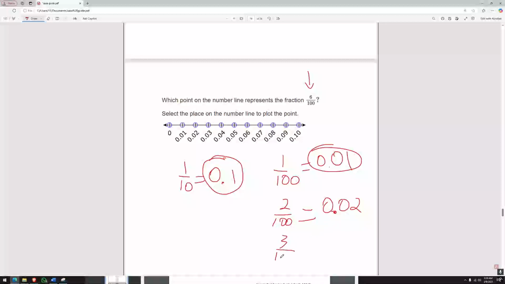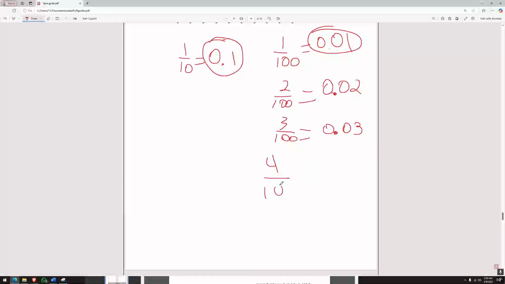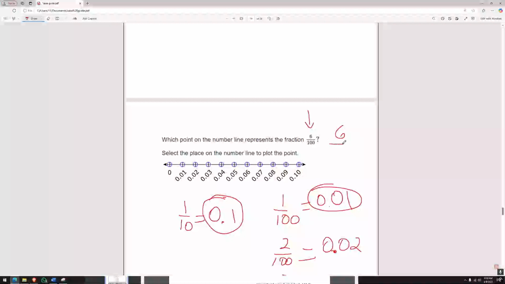And 3, lo mismo, the same thing. A ver, luego 4, 0.04, 5, 0.05, and we have to get 6 over 100, 0.06. Okay, it's like a 600. Now, 1, 2, 3, 4, 5, 6 es este. And you have to click here. You have to make the plot. So select the place. Aquí mero.